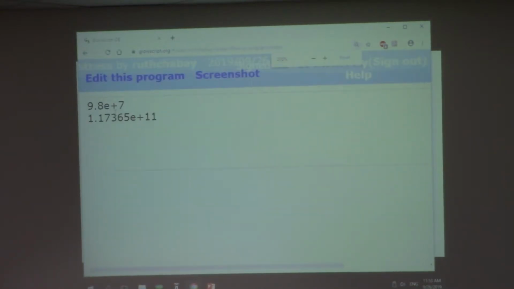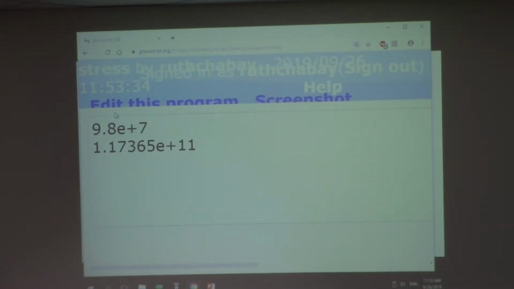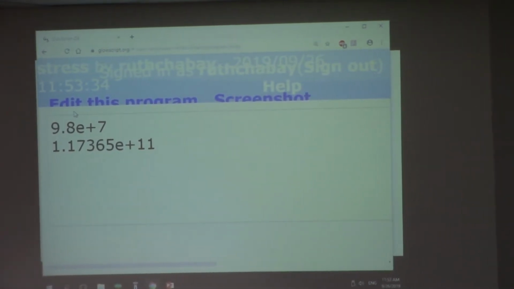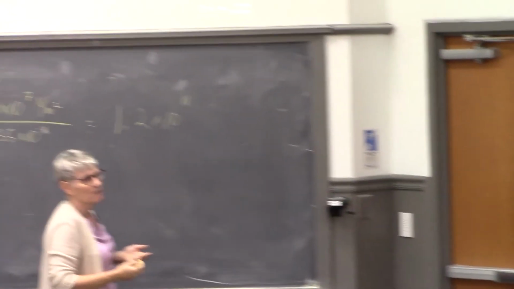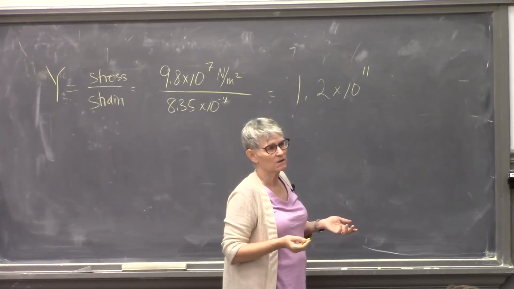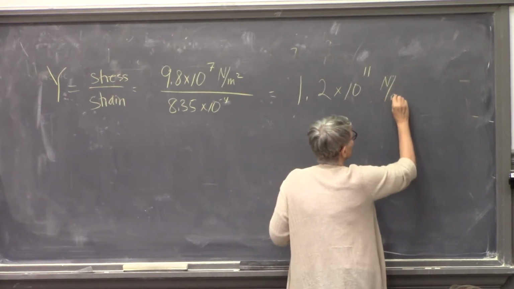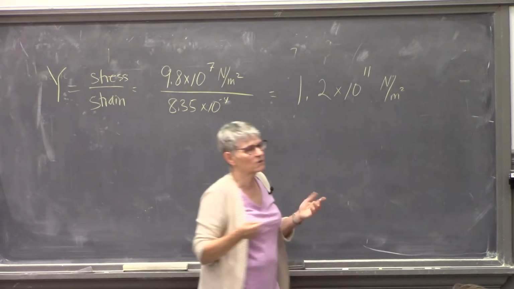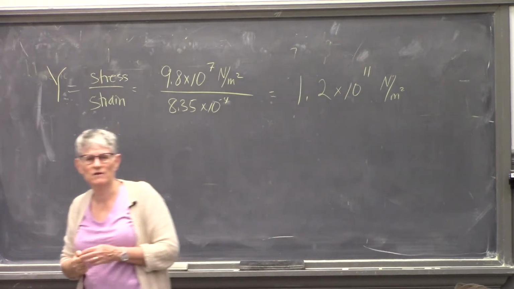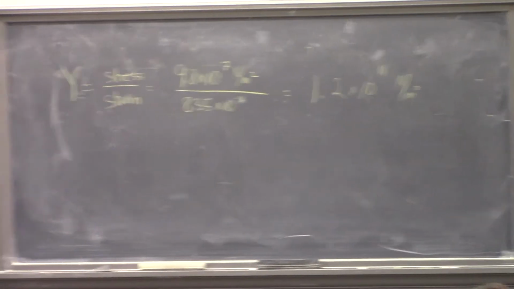Okay, so it's something on the order of 1.2 times 10 to the 11th. And the units would be newtons per meter squared. So it's basically a unit of pressure, often measured in kilopascals.